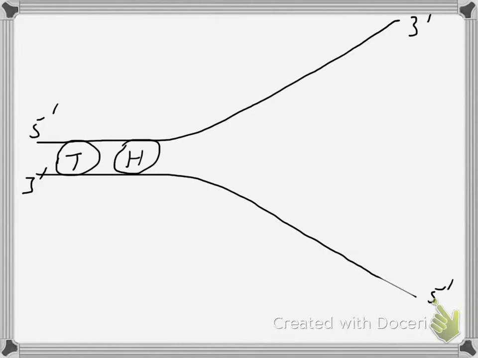And so if we're reading the top strand 3' to 5' in this direction, for my leading strand, what we want to do is we need a primer, and this is RNA. The enzyme involved in making this is called primase, an RNA polymerase.